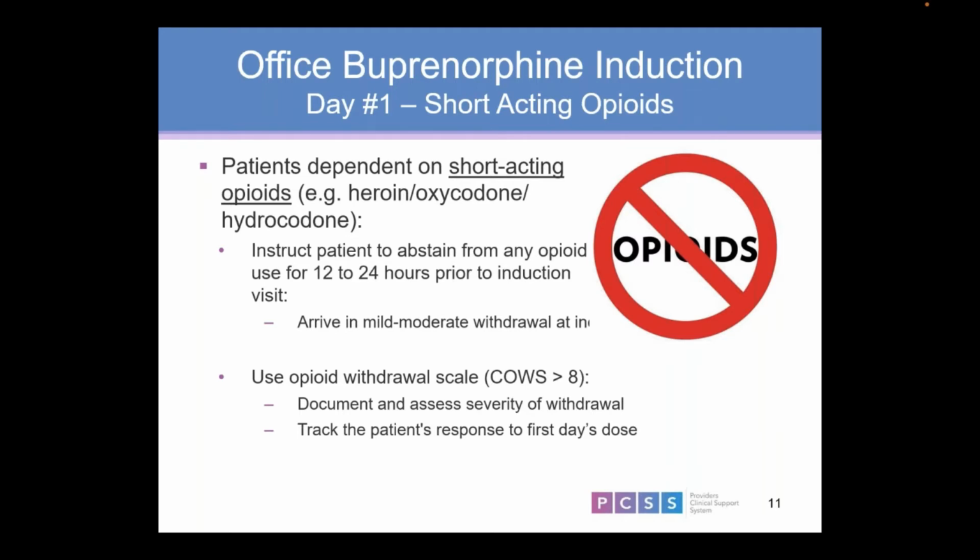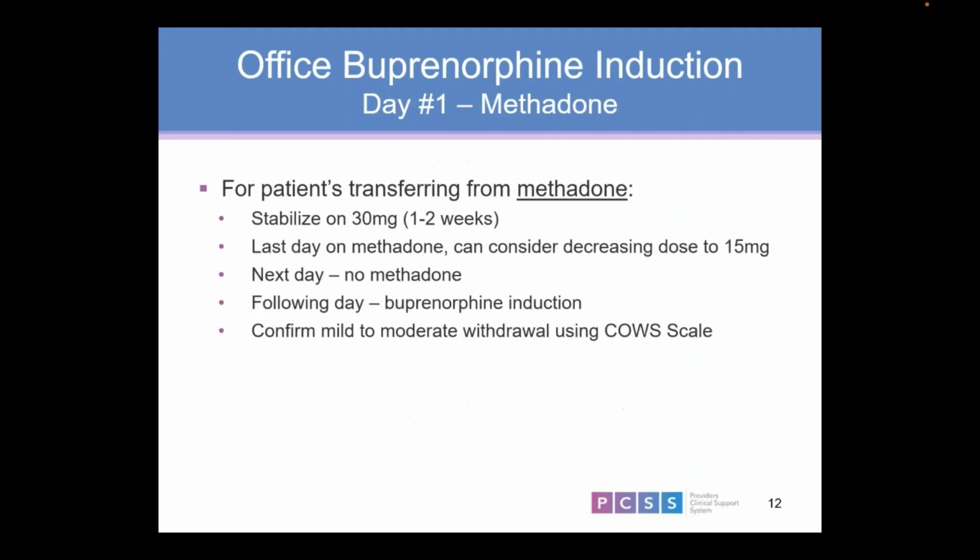And then you want to document what level of withdrawal they're in by the COWS, and then track their response that first day, just giving you some sense of the severity of their opiate use problem and the response to their medication.